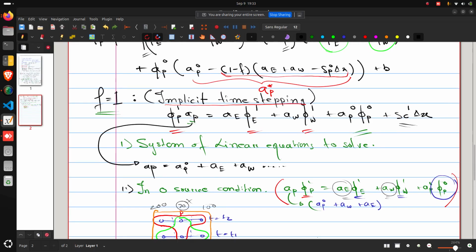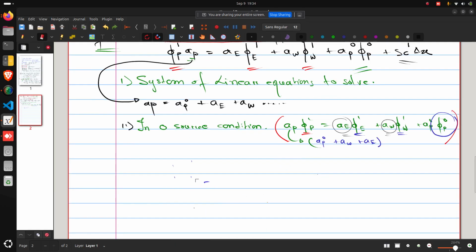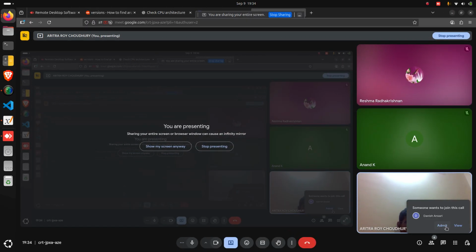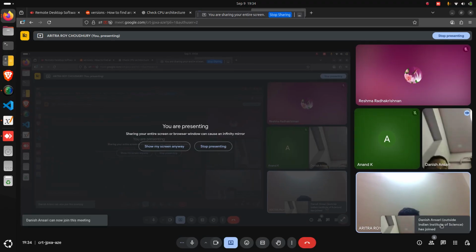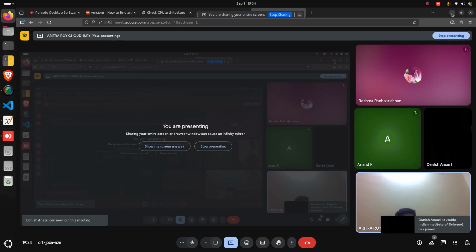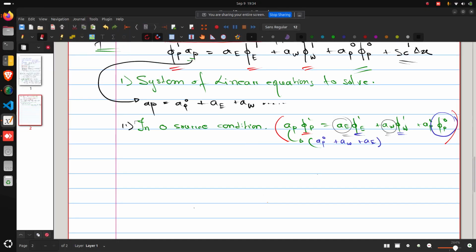Okay, so now that we have developed the intuition for the implicit scheme, let me just write down the other observations that we have made. It was the same in the zero source condition.